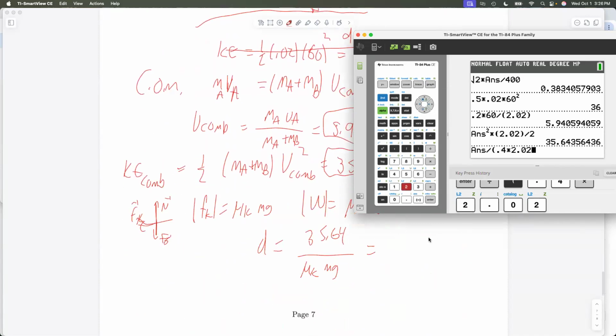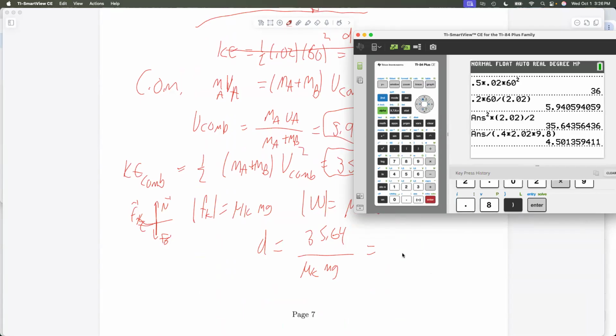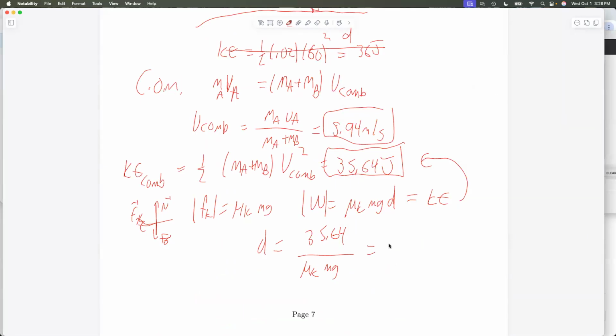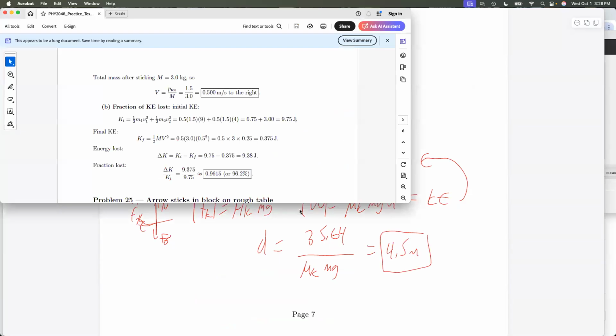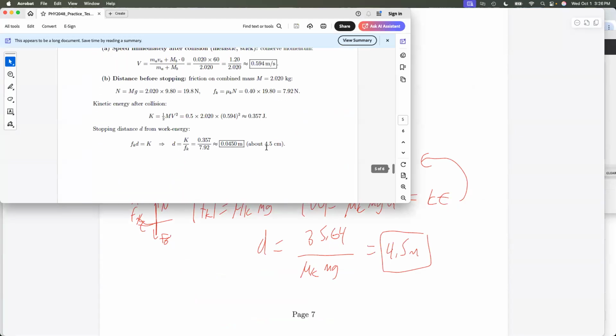And then g, 9.8. 4.5 meters. Well, that block's going to go pretty far. I'm a little concerned about that answer. Let me check. 4.5 centimeters.